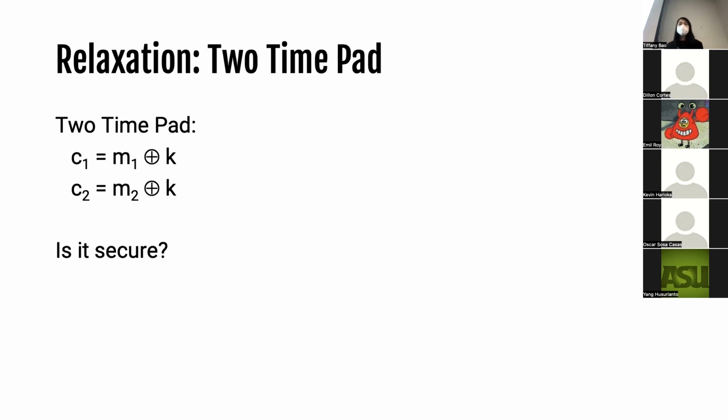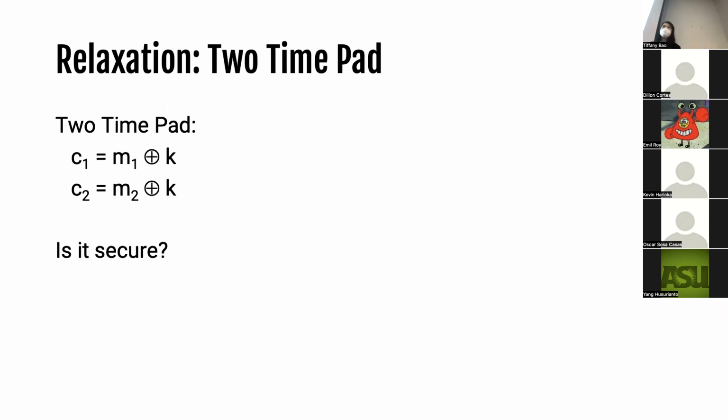So consider that, as you see on the screen, we use this key K, and we use this key K to encrypt two messages. One is M1 and the other is M2.